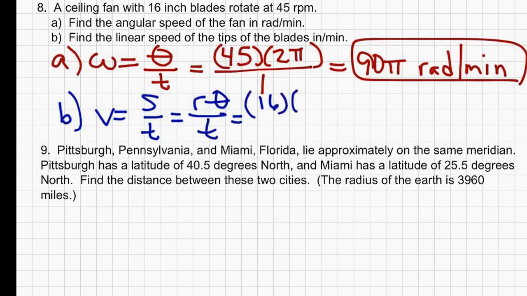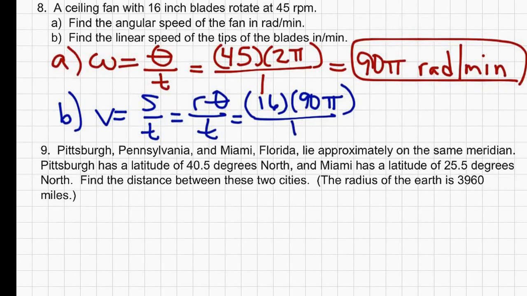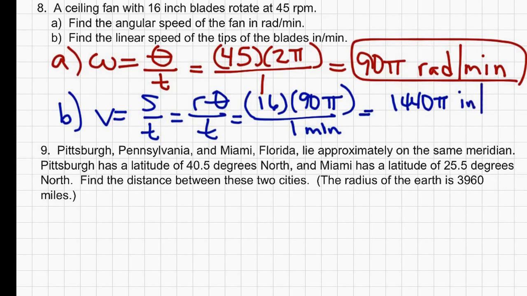And theta, we just found out in the previous problem, was 90 pi because it was 45 rotations per minute times 2 pi, and this occurs every 1 minute. So 16 times 90 is 1,440 pi inches per minute.